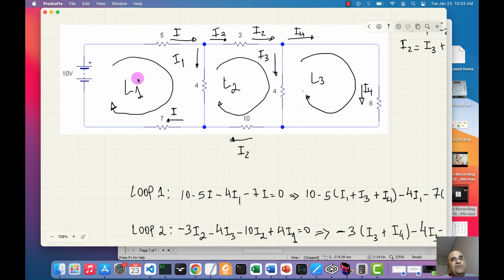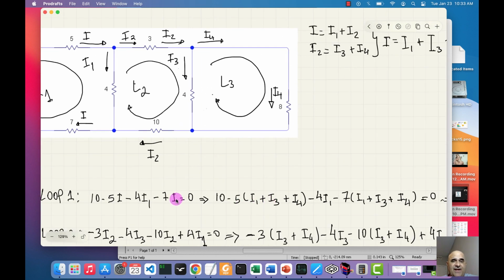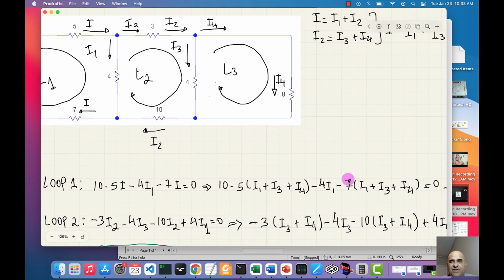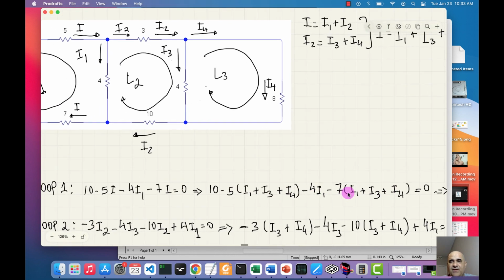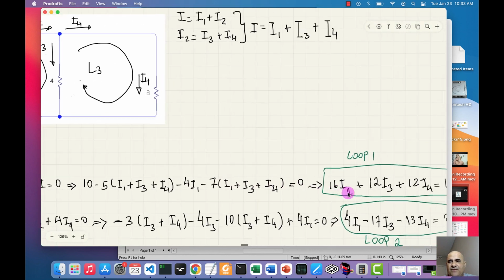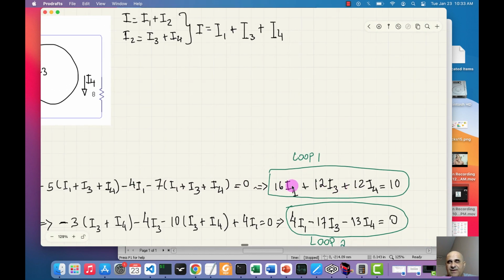So since I'm using the same rotation direction, which is the clockwise, this will be a voltage drop, 4 times I1, negative. And here another drop, negative 7 times I. Okay, and of course I know that I is I1 plus I3 and I4. The same for this. Rearranging the terms, we have the first equation for the loop number 1.